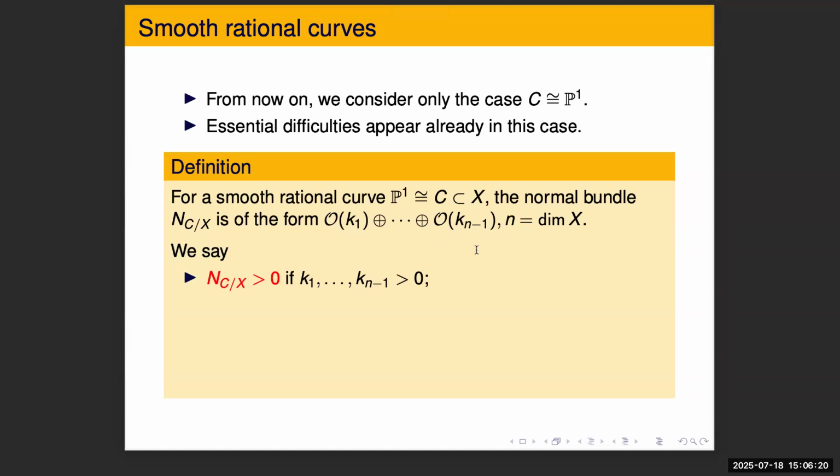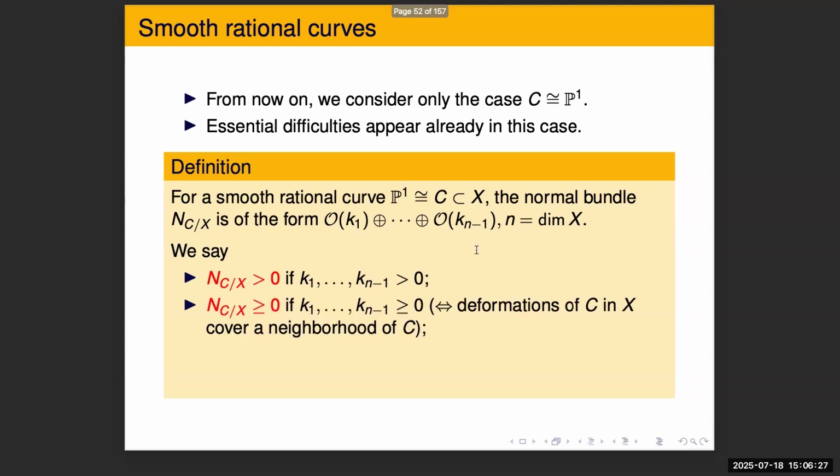If the integers k1 to k(n-1) are all positive, then we say that the normal bundle is positive. And the normal bundle is semi-positive if all these integers are non-negative. This is equivalent to saying that deformations of the rational curve in X cover a neighborhood of the rational curve.